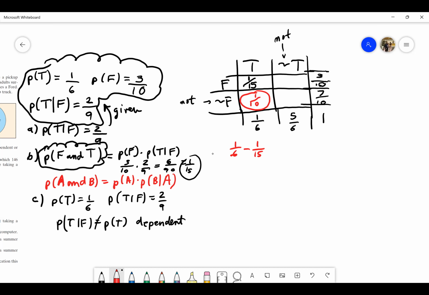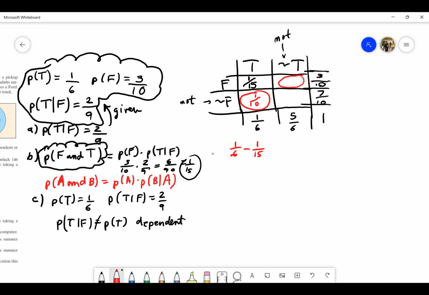In that same fashion, you're going to be able to get the rest of the things you need. For instance, if you want this guy here, you could take 3/10 and subtract 1/15. Right? Because whatever is here plus here has to give you that. So if I want to figure that out, I just subtract this from that.